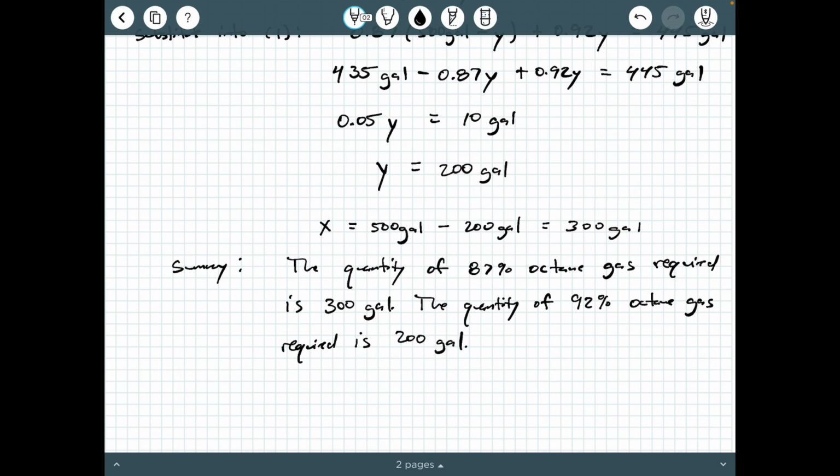And this is what you would box in with a straight edge, and that would be the conclusion of this example.